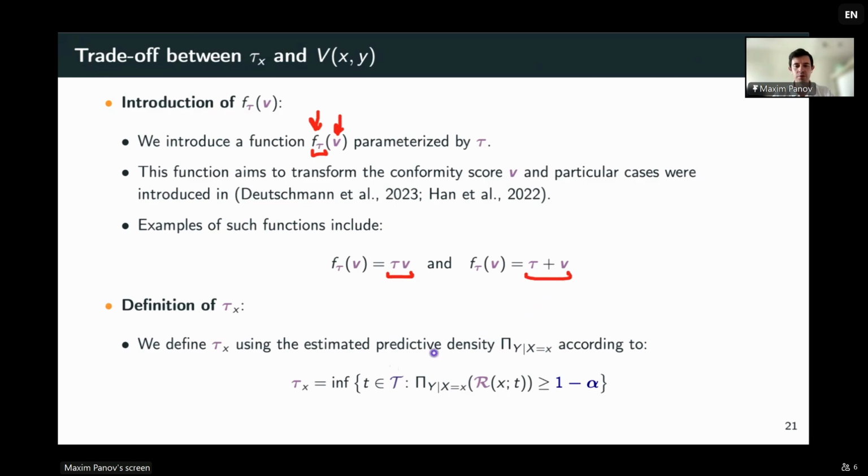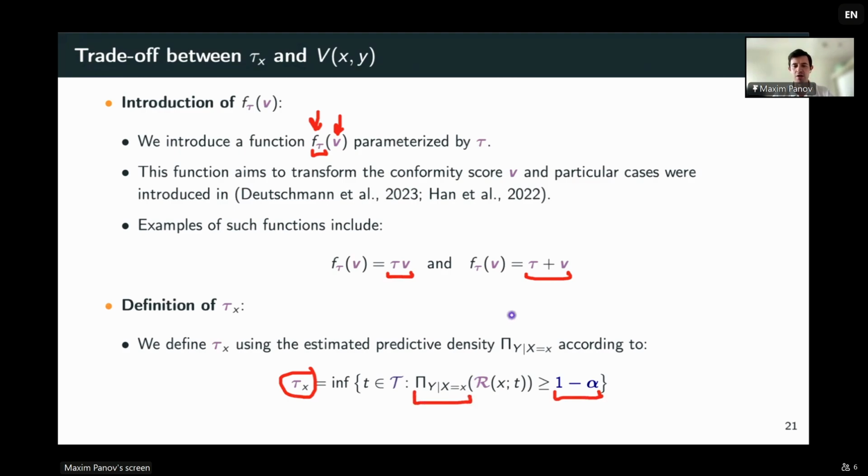And what we will do first is the same as what you would do if you just have a density and don't know about conformal prediction. We will define the optimal radius, tau, for a particular point x, such that we get the right coverage according to our approximate model, okay?